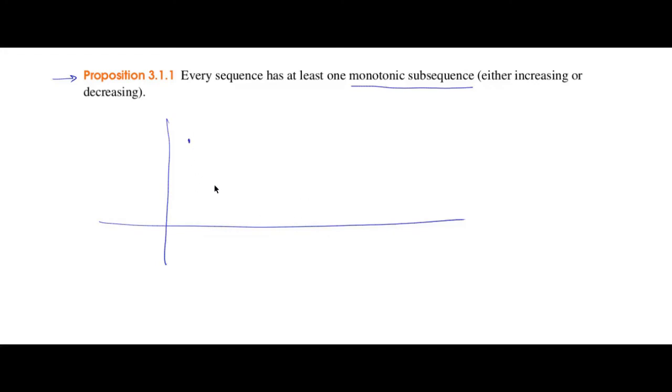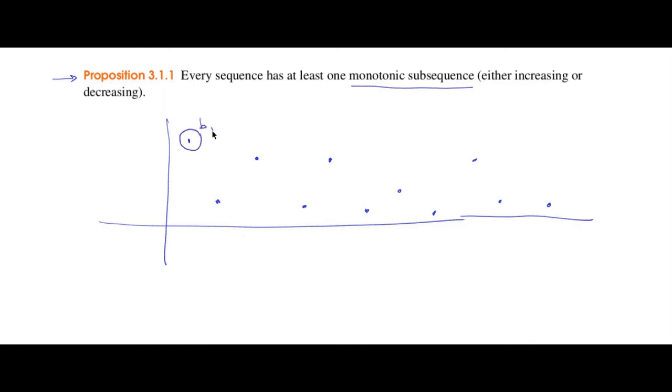Suppose we have any sequence, something like this. Imagine you have this sequence, I don't know what the rule is, and you want to take a monotonically decreasing subsequence. I'm going to take a new sequence, just taking this number.